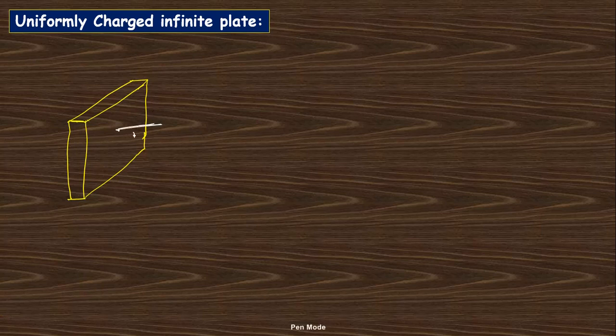So you need to take a Gaussian cylinder like that, and this is r. In the similar fashion, if you find E dot ds equals q enclosed by epsilon naught.